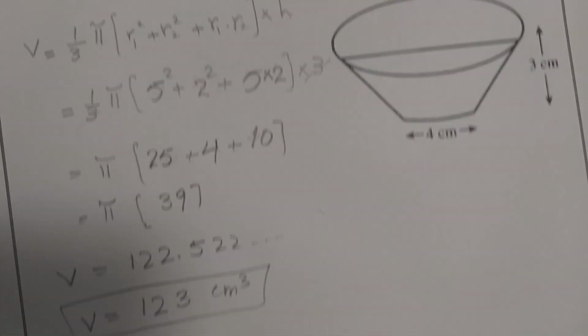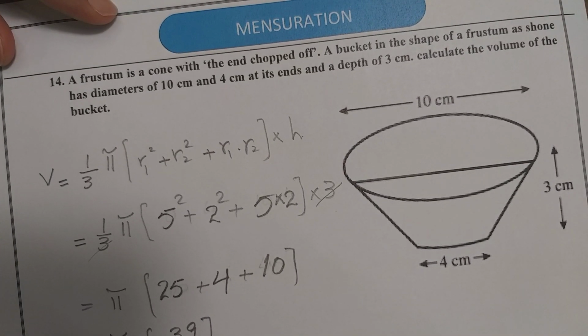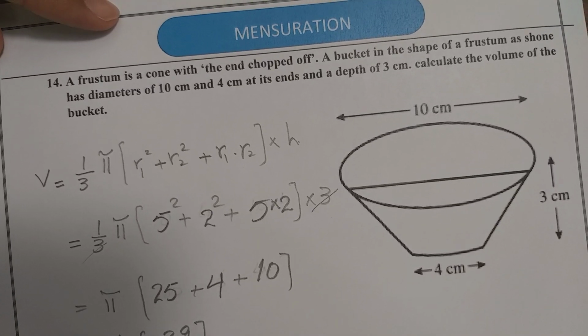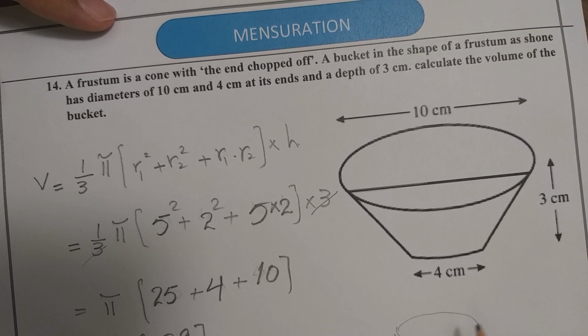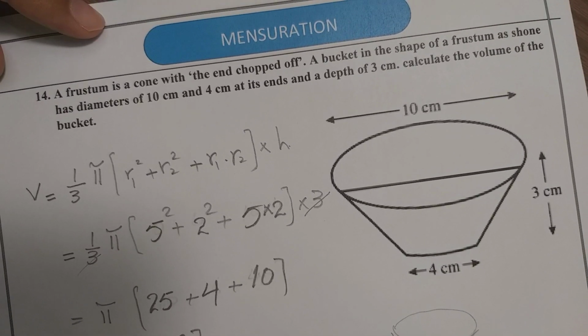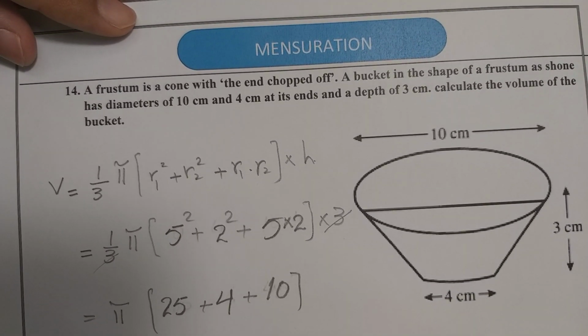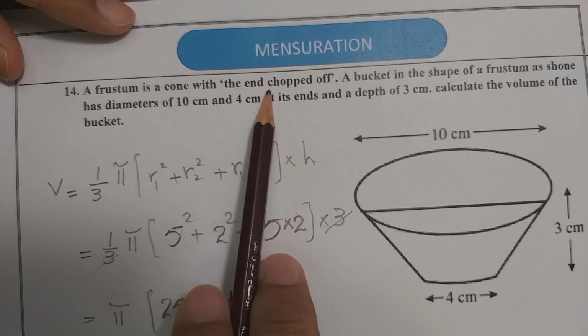Okay, the last question of this sheet is about the frustum. What is a frustum? When you are given a cone, and for example this is a cone here, if you cut the cone from here, this part becomes the frustum. It's a very easy question. You just remember the formula. A frustum is a cone with the end chopped off.